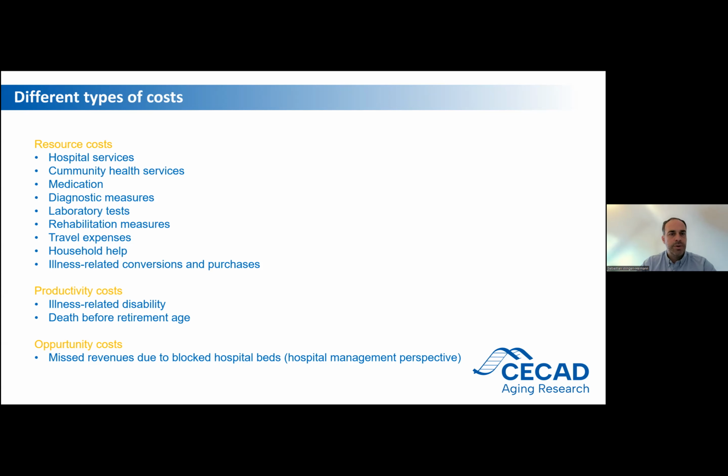Looking at the productivity costs, we can calculate the illness-related disability as well as death before retirement age. And looking into the opportunity costs, we can calculate the missed revenues due to blocked beds in the hospital. But this means we have a hospital management perspective.